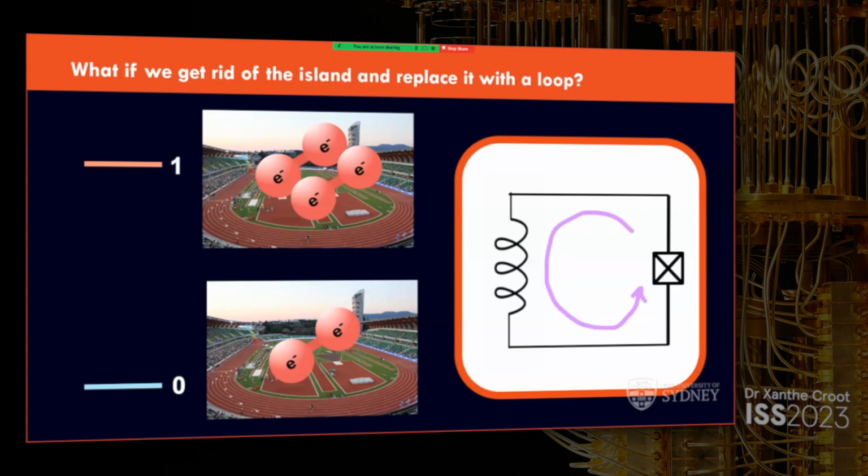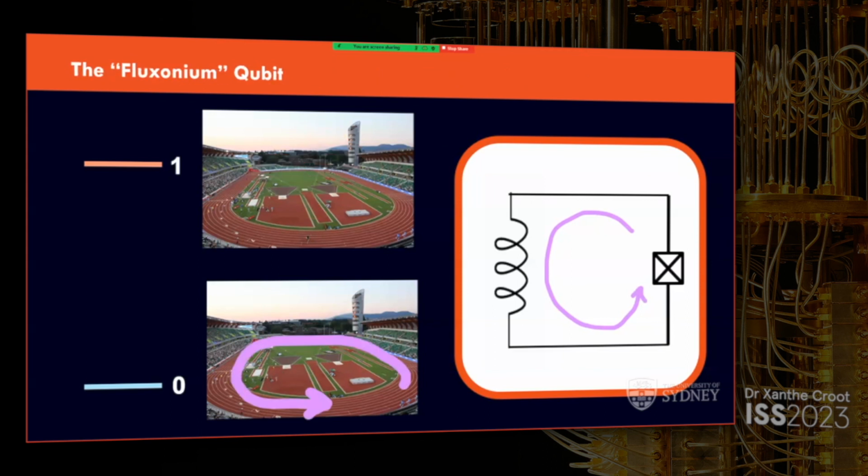So we can encode quantum information in, for example, we can say that a 0 state is current circulating in the anti-clockwise direction. Now, one really cool thing about quantum mechanics is that you might be used to charge being quantized, but in the quantum world, magnetic fields can be quantized as well.